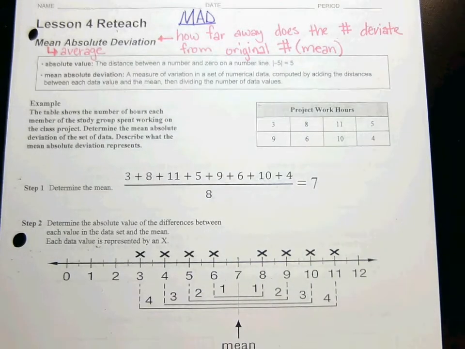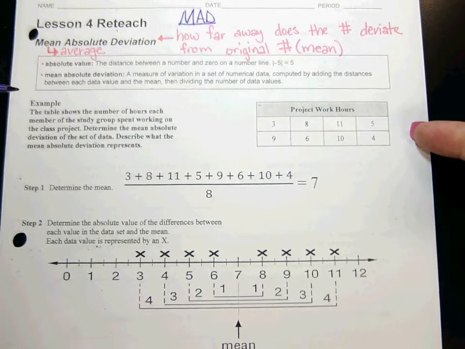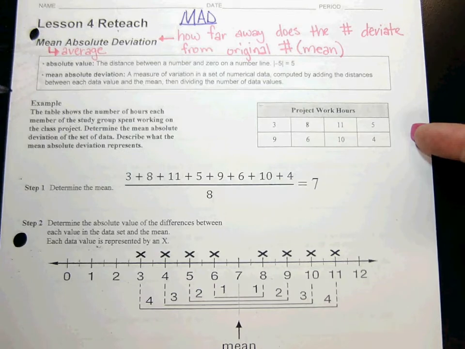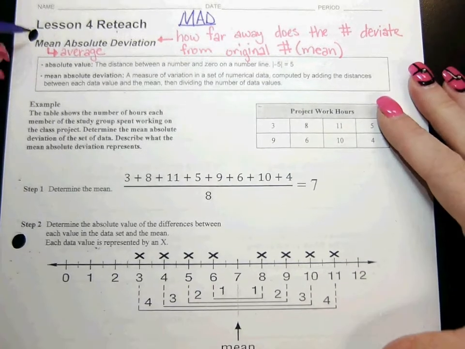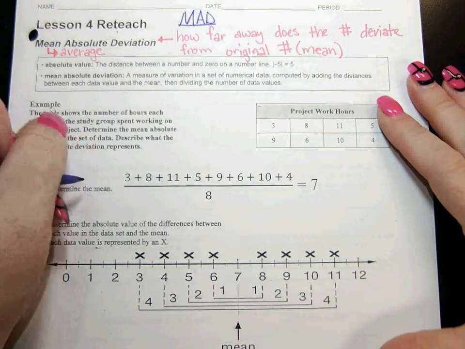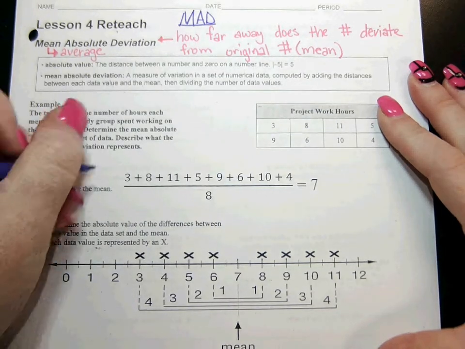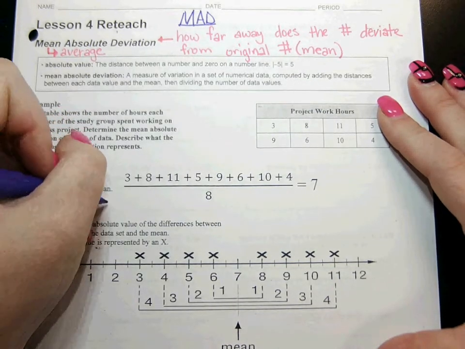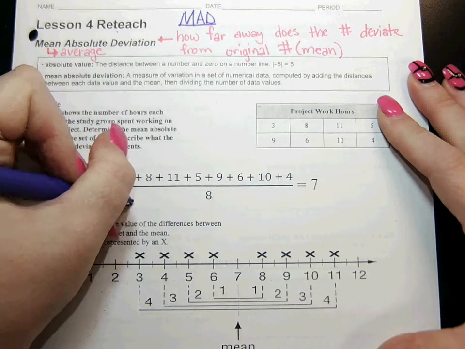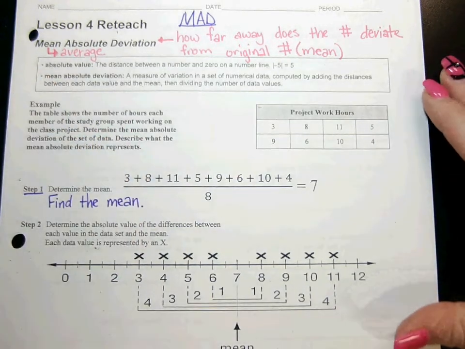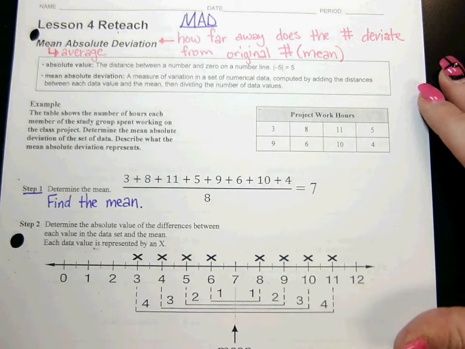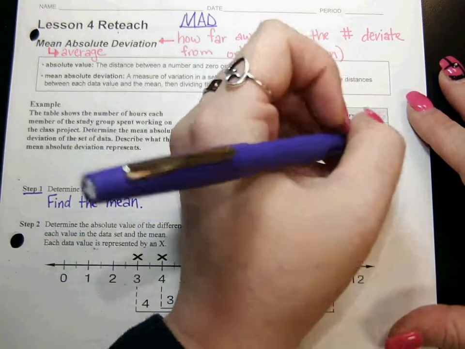What the book does to start out is you have a table of work hours. And so to find the mean, that's step 1. Add all numbers and divide by the total amount.